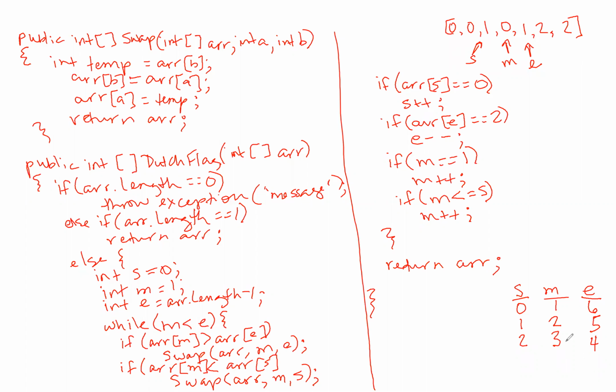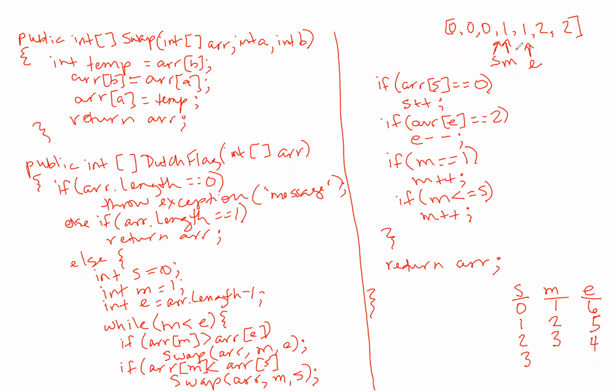M is less than E, 3 is less than 4, so we'll keep going. If array at M is greater than E, 0 is not greater than 1, so we don't do that. If array at M is less than array at S, which it is, we're going to swap. This is a 1 and this is now 0. If array at S equals 0, we're going to increment, so now S equals 3.